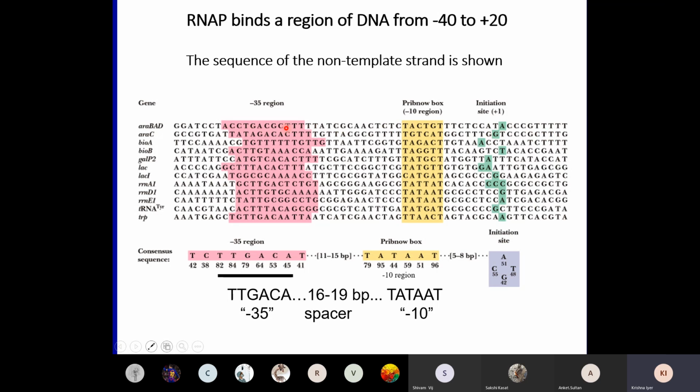The sequences which we talk about, TTGACA and TATATA, are the sequences which are on the 5' side of this initiation start site. Which means that the orientation of this strand here is actually 5' to 3'. Correct? That's why I'm saying that this is on the 5' side.